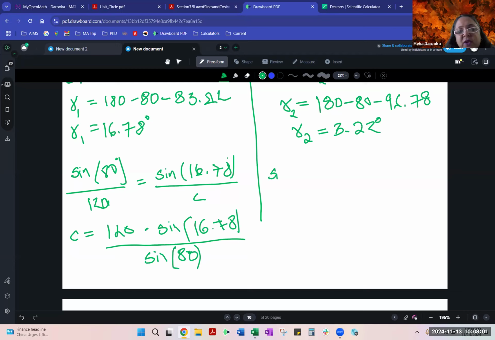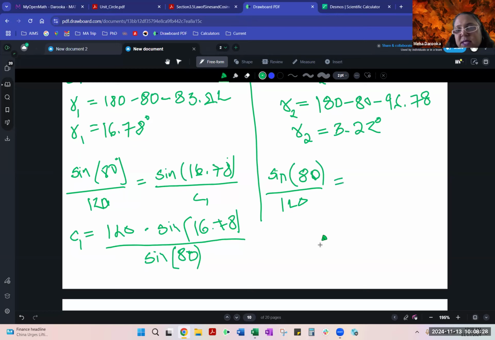So I will still use my known sine of 80 degrees over our original value of side A, which was 120. And you know what? I will call this C sub 1 and C sub 2 just so we can keep that notation going.